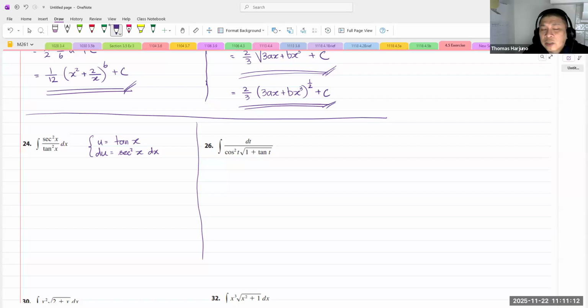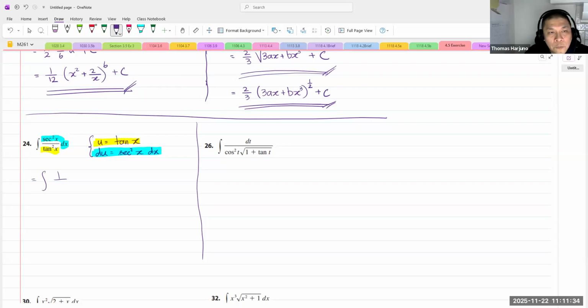So is this question hard? It's not hard. It may be confusing because you need to know which function to substitute. But once you see that, hey, this is my u, and then secant squared x dx will be my du. It's straightforward.